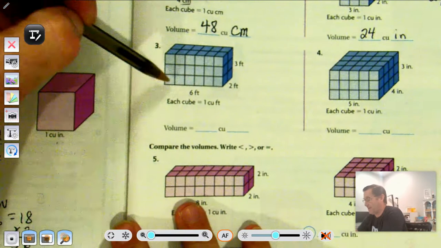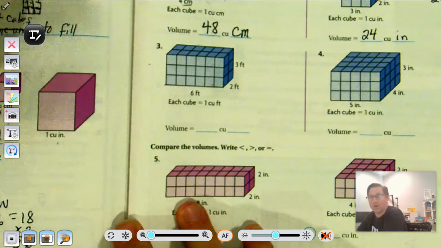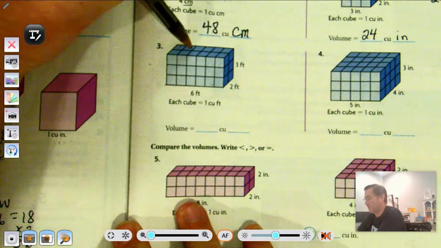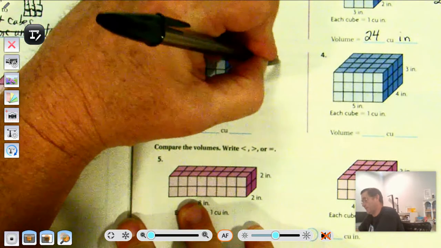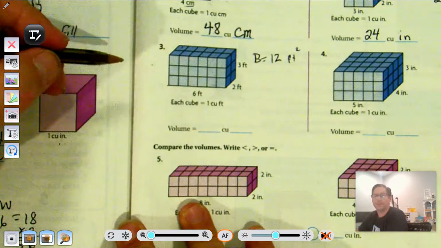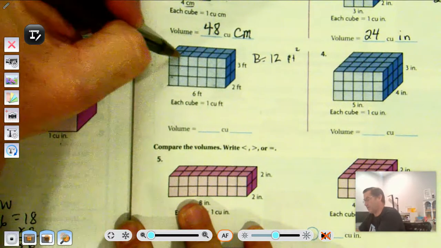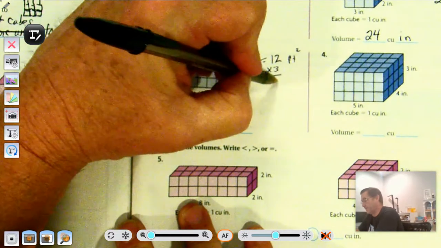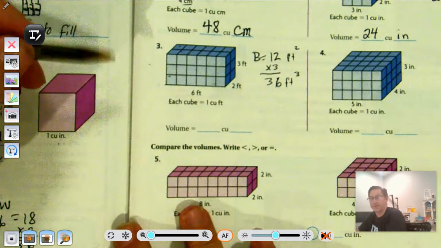What's the base this time? We have a length of 6 and a width of 2. So there should be 12 in each layer. 2, 4, 6, 8, 10, 12. So our base is 12 square feet. Okay. Each layer is 12 feet. And there are 1, 2, 3 layers of 12. So we'd have 36 cubic feet.